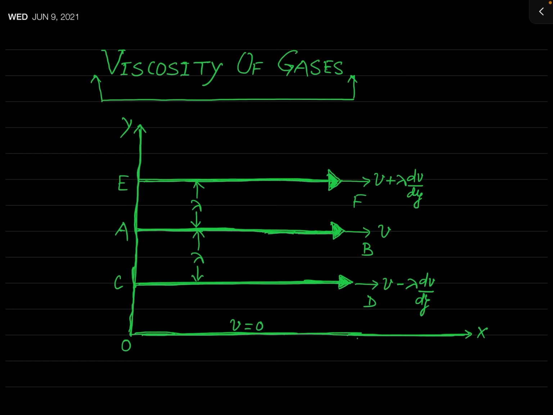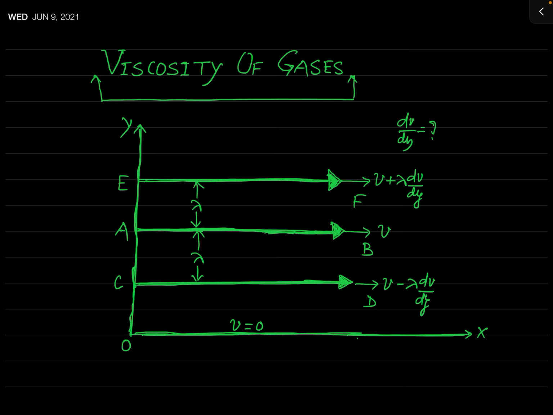And what is that constant rate? I have shown in this figure that constant rate is dV by dy. What does this dV by dy mean? This is known as the velocity gradient.